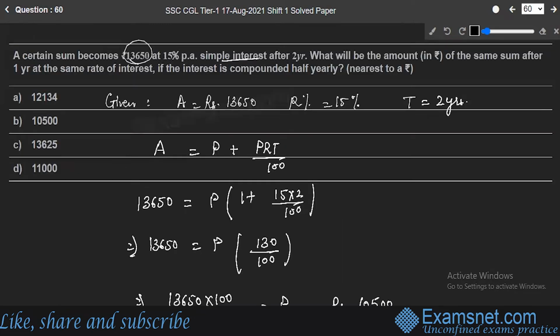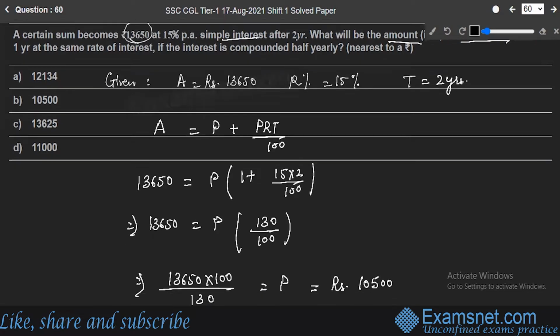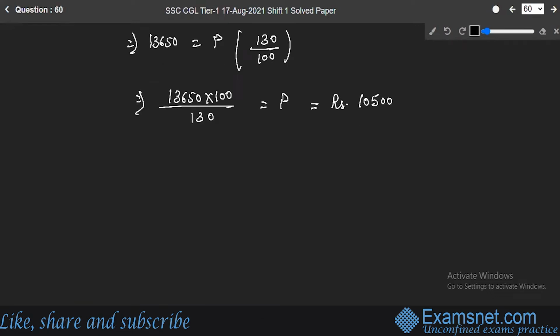Right. Now, what else is given? What will be the amount of the same sum after 1 year at the same rate of interest if the interest is compounded half yearly? Right. Now, in this second case, it's compounded half yearly, right?